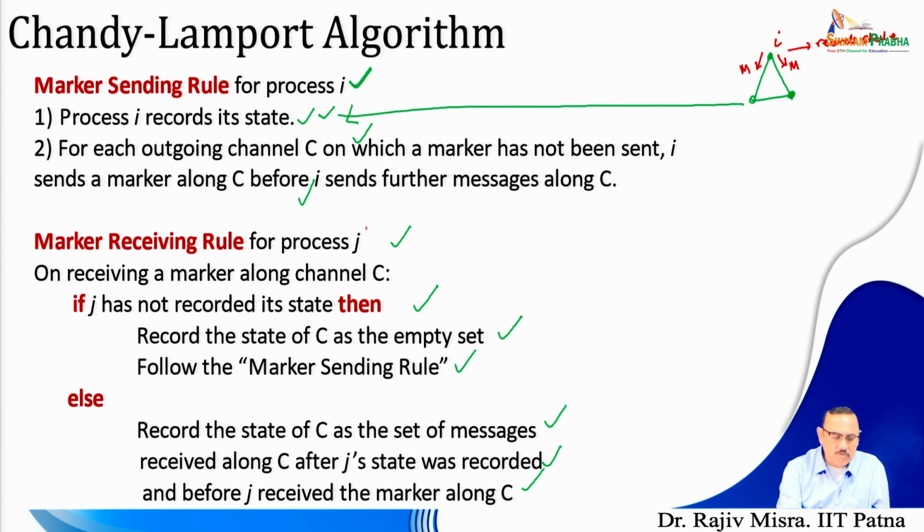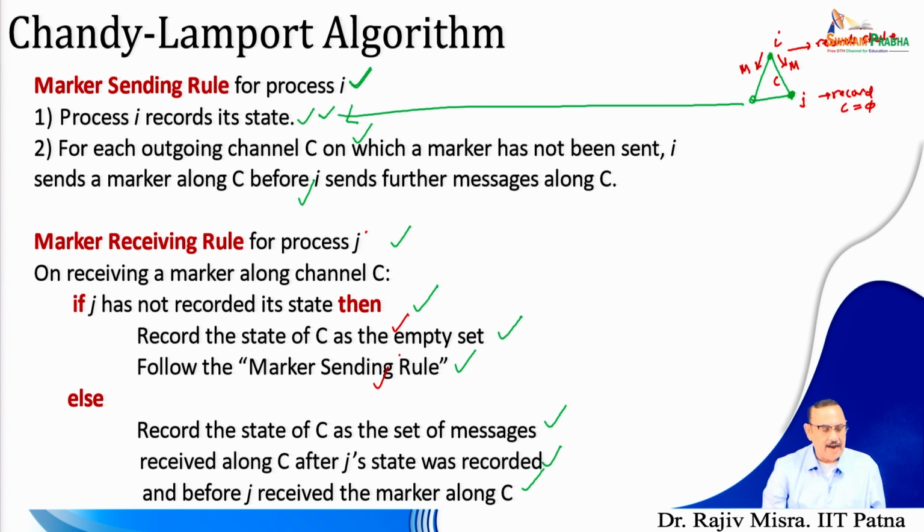Now, marker receiving rule for a process J: let us say this is process J, along the channel C. If J has not recorded its state, then record the state of C as empty and follow the marker sending rule, that is rule 1.